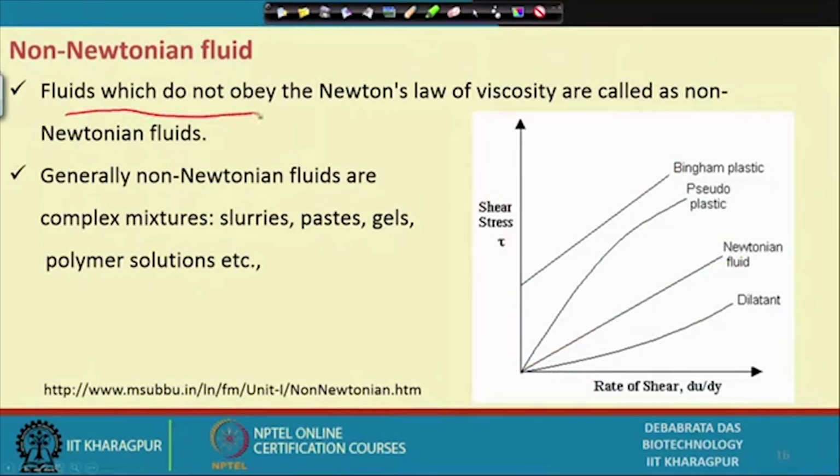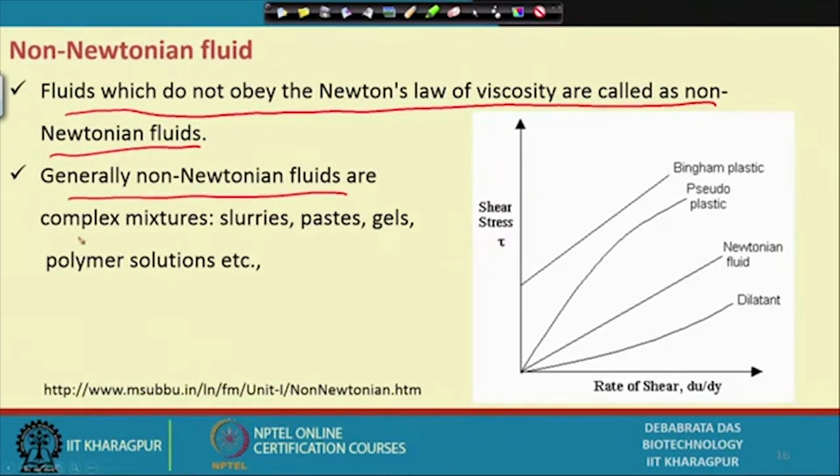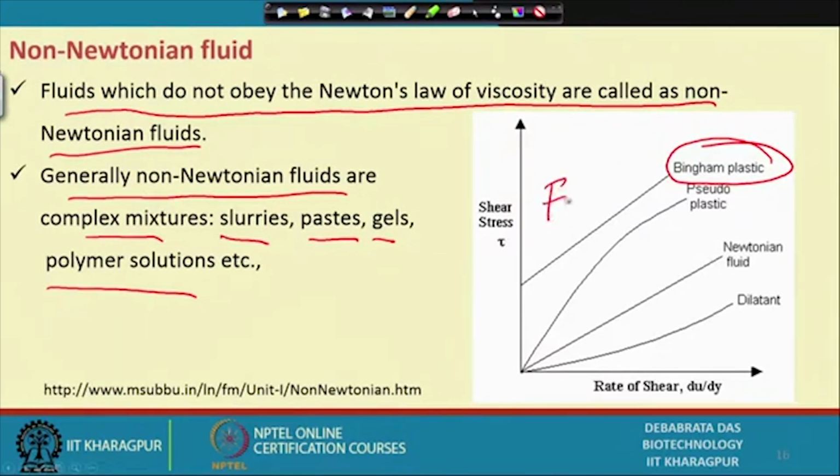The fluid which does not obey Newton's law of viscosity is called a non-Newtonian fluid. Generally non-Newtonian fluids are complex mixtures: slurries, pastes, gels, polymer solutions, all considered. Here we have given the example of beam plastics. This actually happens in the case of fermentation broth.